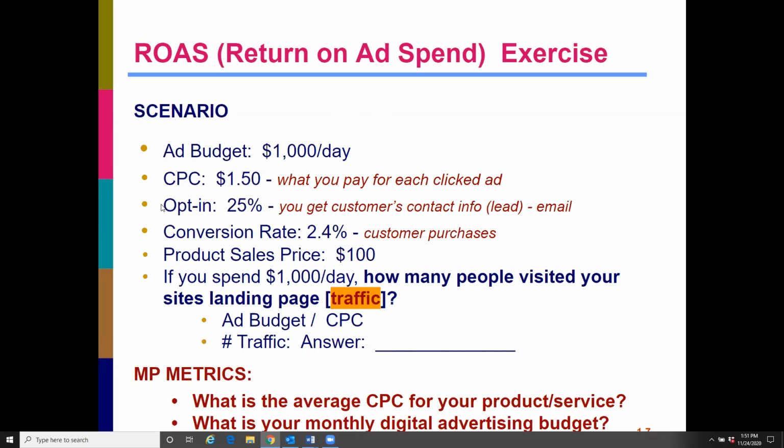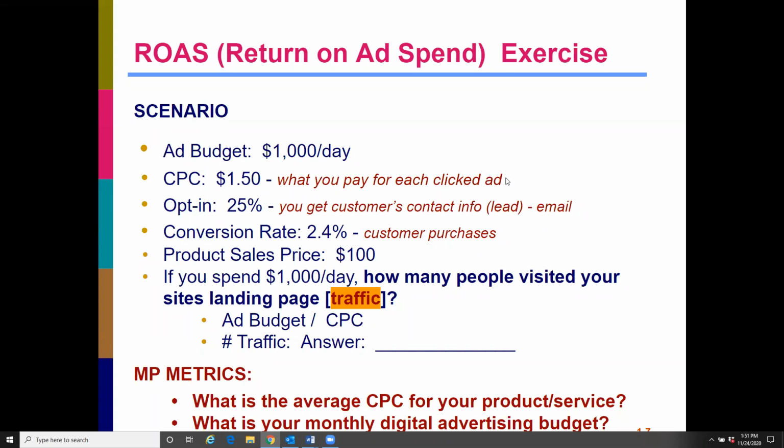Let's assume also that your opt-in rate is 25%. An opt-in rate is when you put an ad out there, they click on it, and they go to a landing page on your site, and then you have a little bit more clickbait, like, here's a free tutorial video, just give us your email and you can watch this video for free.